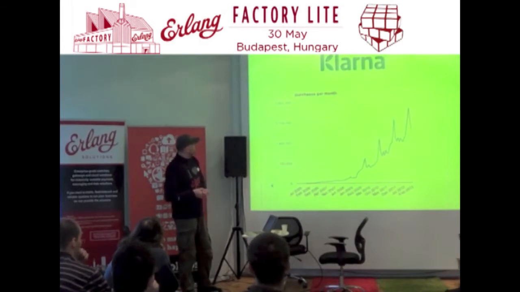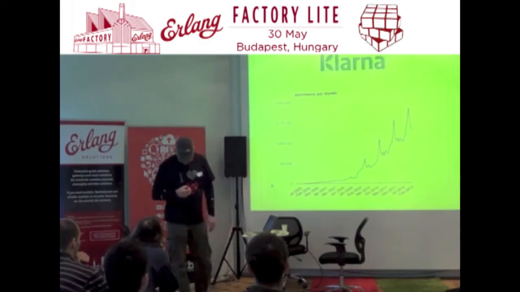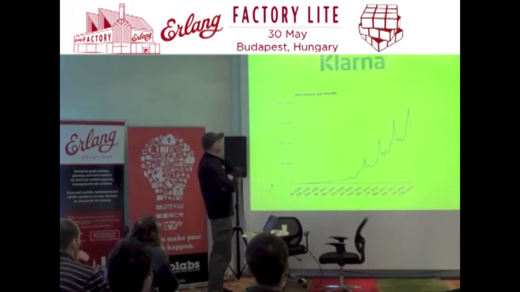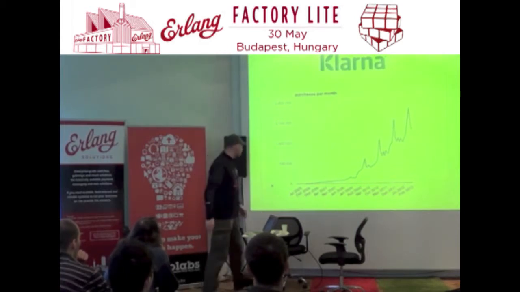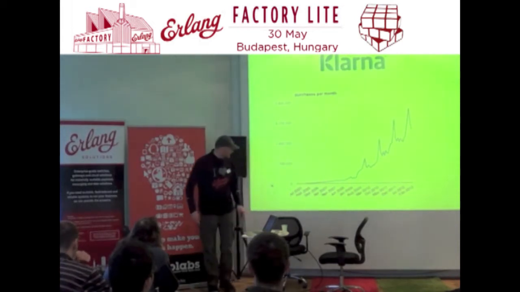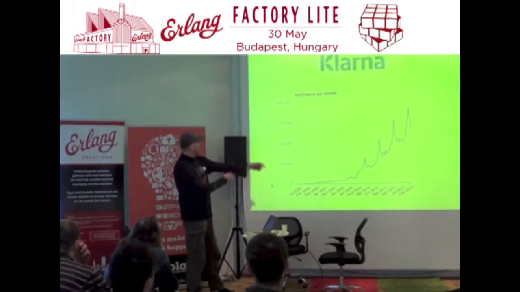Anyways, so then I quit and started there. But now I work at Klarna. So I have to show this graph, of course. Marketing people helped me out with how to show this graph. This is the classic hockey stick. This is where I started working at Klarna. Purchases, that's not when we buy companies.